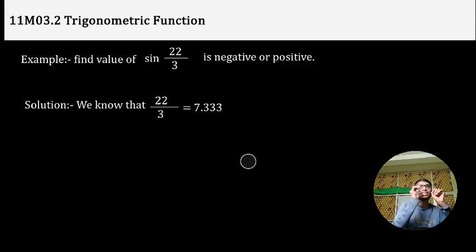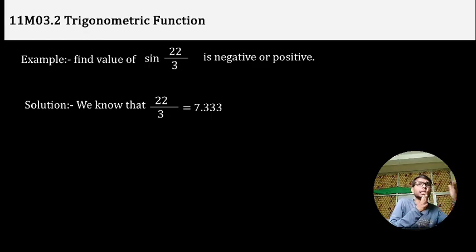Now we are clear that this is less than 90. Any number less than 90, all functions will be positive. But for any number greater than 90, only sine and cosec will be positive. Any number greater than 180 but less than 270, only tangent and cotangent will be positive.